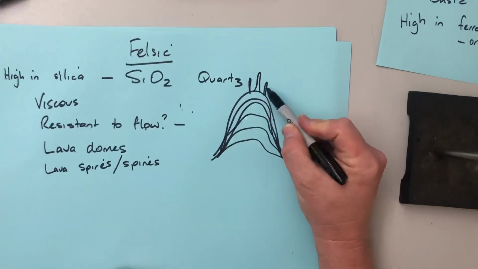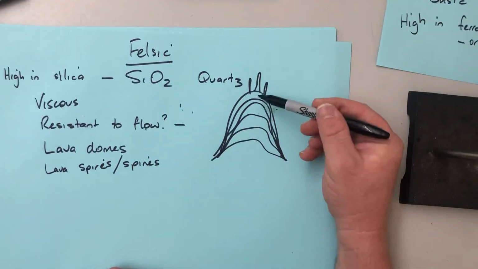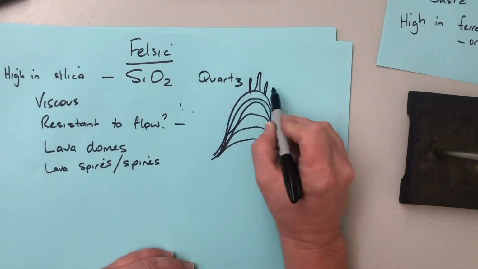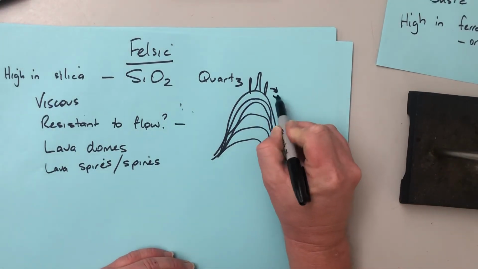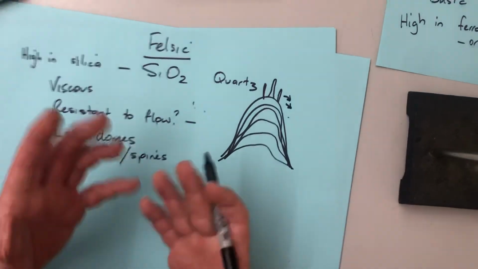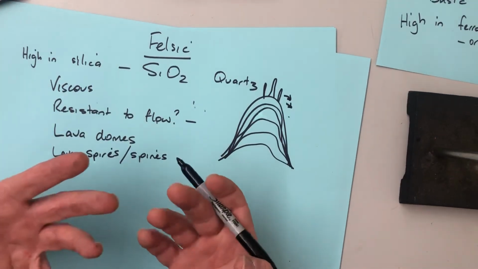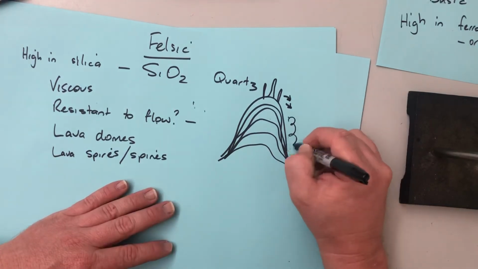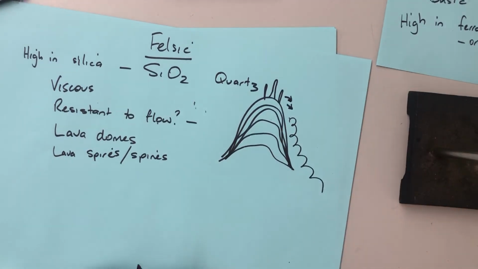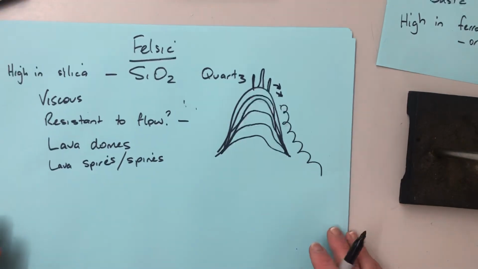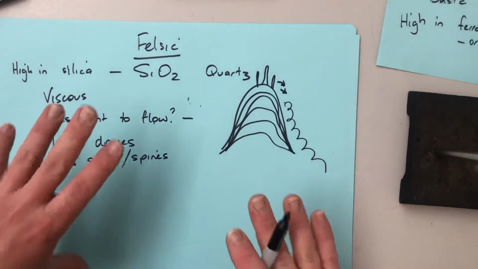And what happens with some of these peaks on top of our lava domes, if you will, is they will fall. And when they fall, they pulverize straight away into volcanic glass and rock. And they fall as pyroclastic flows down the side of the volcano. They're very violent, and they're very indicative of a felsic volcano.